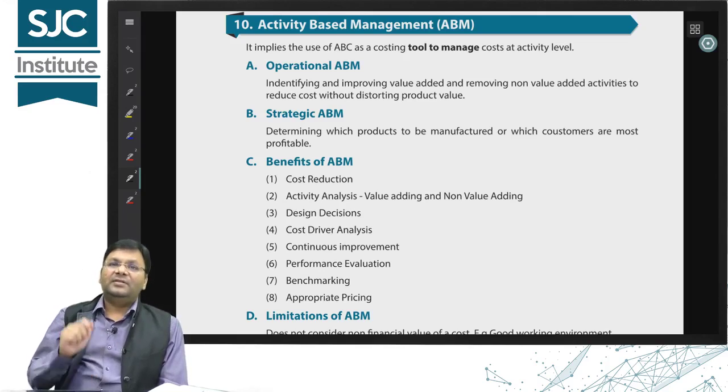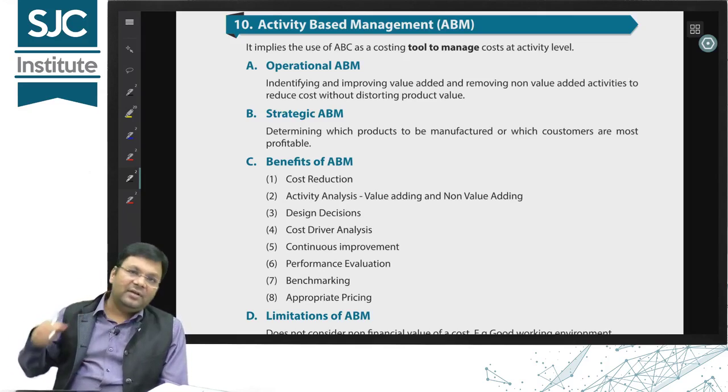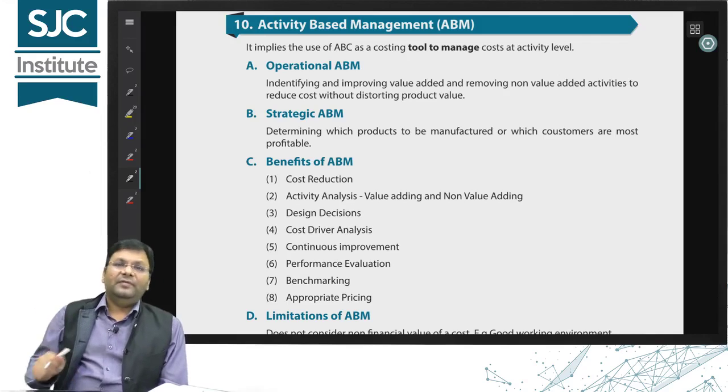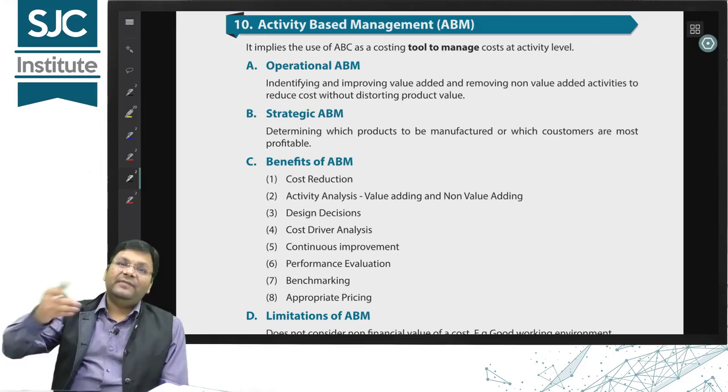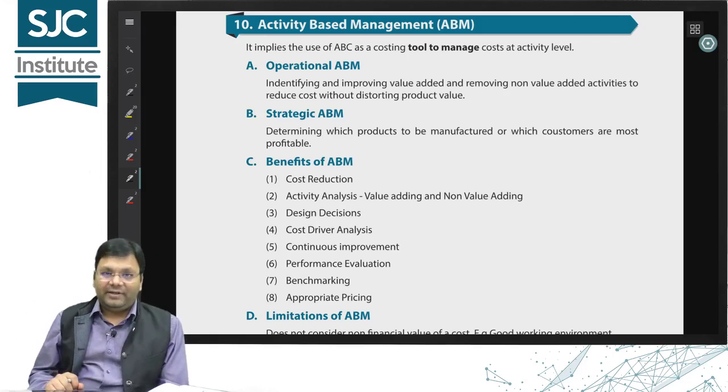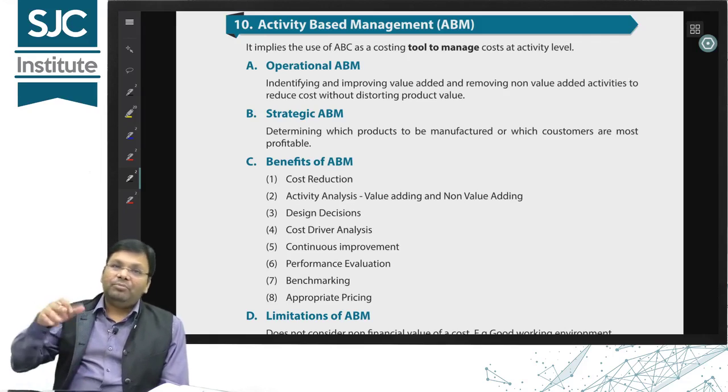If it is not needed, then that activity will be eliminated. Now how will we decide whether the activity is needed or not? You have to identify what importance our customers are giving to the outcome of that activity. What importance the customers are giving to the output of that activity.